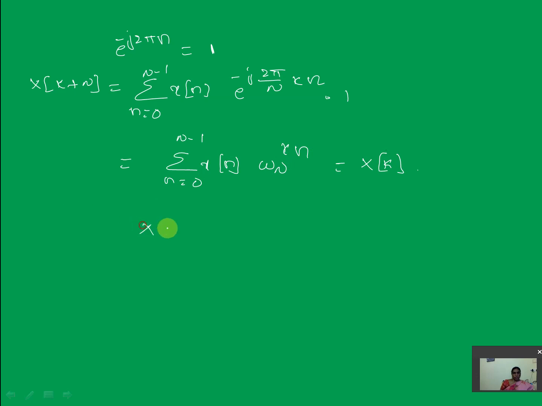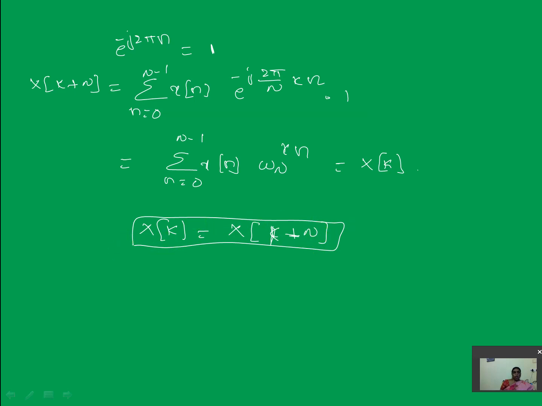Hence X of k is equal to X of k plus capital N, and also X of k plus any integer multiple of N is equal to X of k.